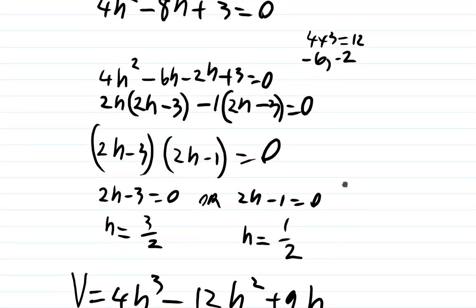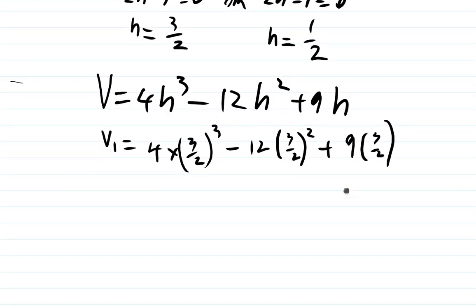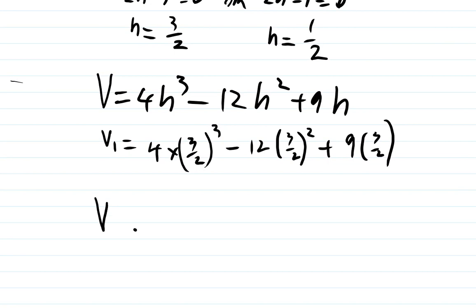So, let's try now with h equal half. Now things will work out and we see what the volume is. The volume at half, right? Well, we could just cross out this volume and say this volume equals 0, which is not the volume we want.